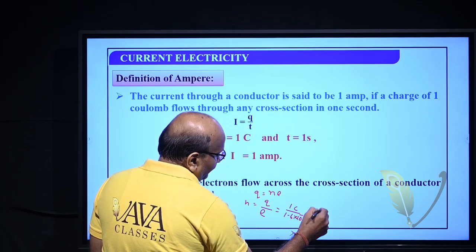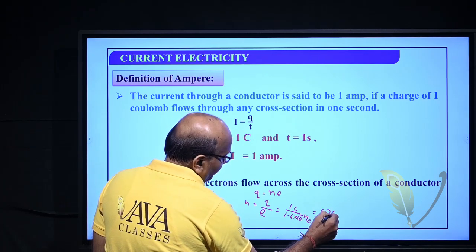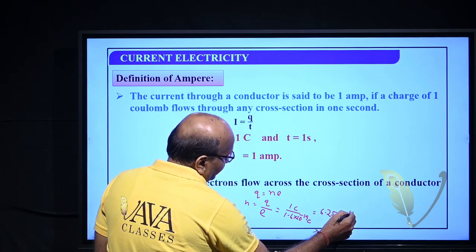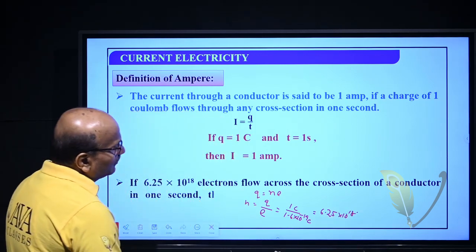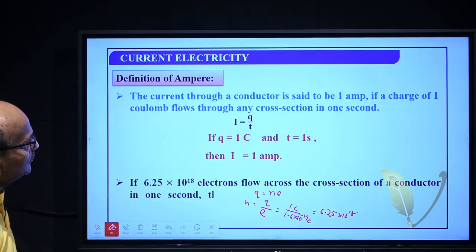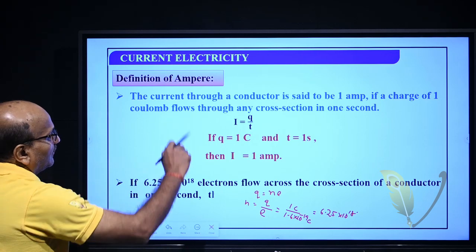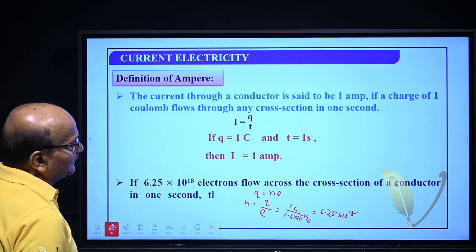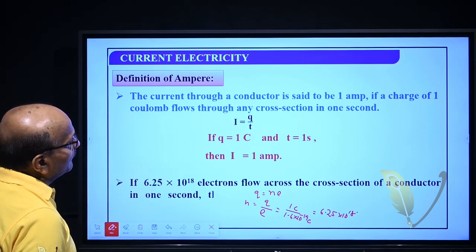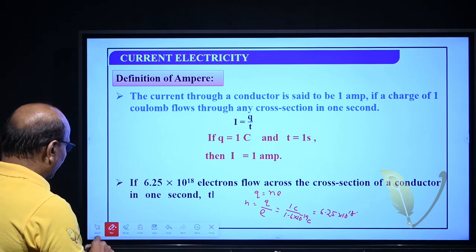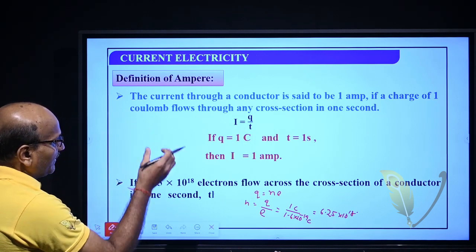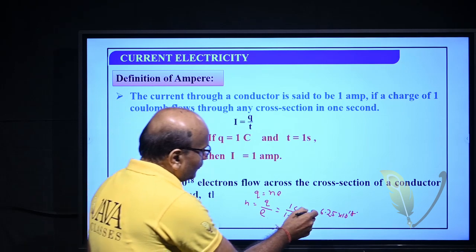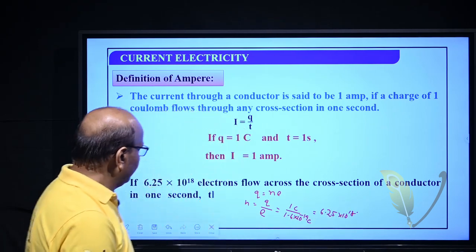So n is equal to 6.25 into 10 to the power 18. So this many electrons flow to produce 1 coulomb charge or 1 ampere current. For 1 ampere current to flow, this many electrons per second need to flow.